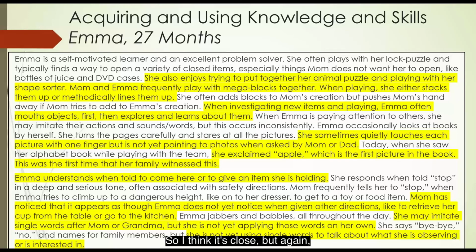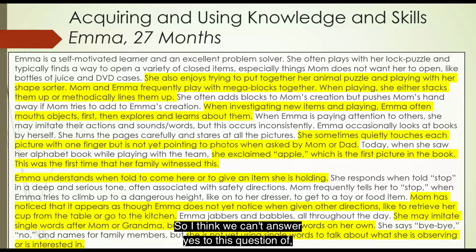So I think it's close, but we're not there at age expected. Her playing with blocks and puzzles, I think we're pushing a little bit, but we could say that those are some immediate foundational ones. But she's also following very little directions. And again, her communication is there.